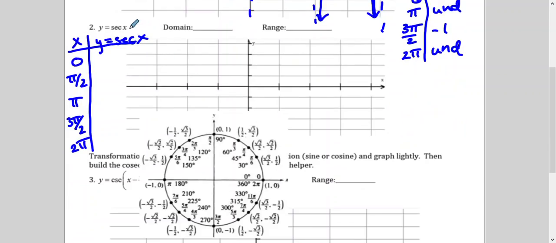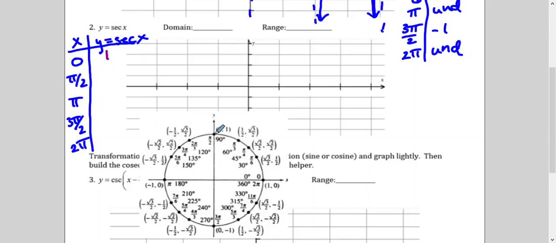Now we can see the secant graph here. So the secant, remember, is the reciprocal of the cosine. And I didn't choose as many values this time because you got the idea of the shape. So I just chose the same 5 key points as cosine has. So when your angle is 0, you're looking at the x value. The reciprocal of 1 is 1 over 1, which is 1.